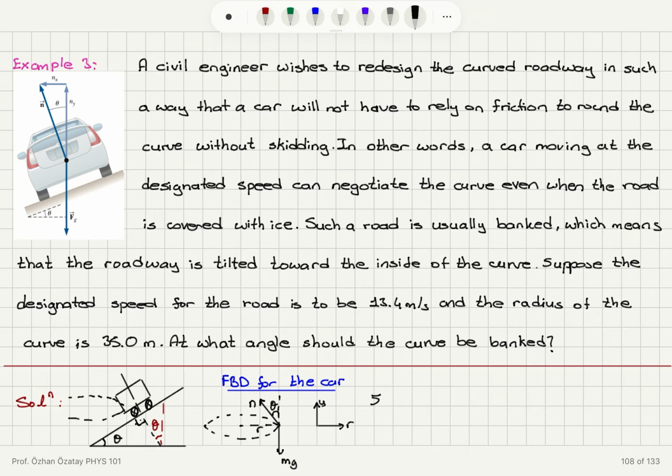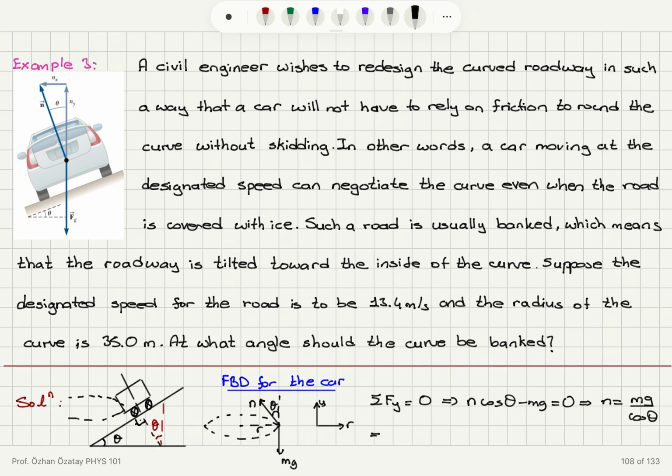Now the net force on the y-axis must be equal to 0. Because the road is tilted, on the y-axis I have a component of the normal force, N cosine theta minus mg equals 0. So this gives us a normal force, which is mg divided by cosine of the angle theta.